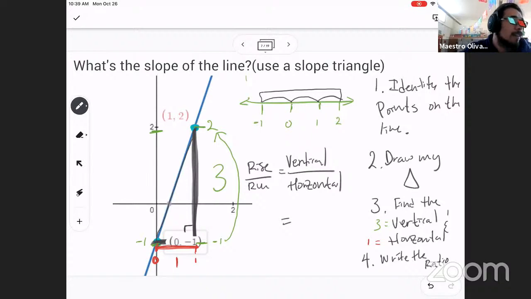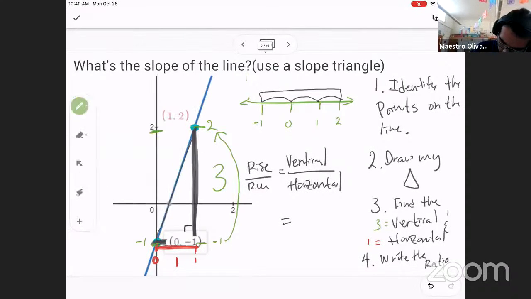Stephanie Ortiz Hernandez, I know you just got back. What do you think our slope is, if my vertical is 3 and my horizontal is 1? Three over 1. Yes. You do know. Don't say I don't know. It's 3 over 1.